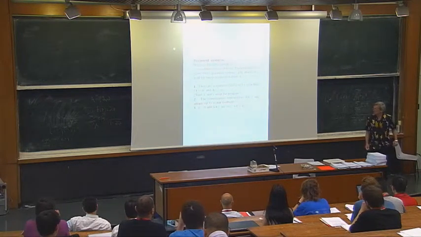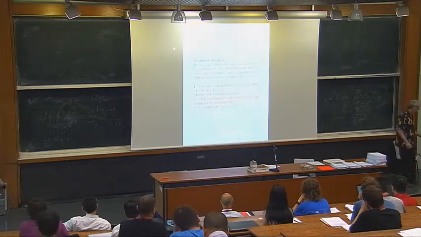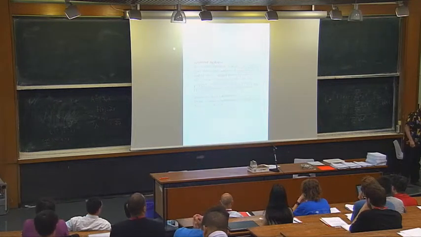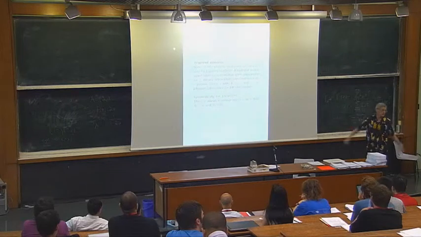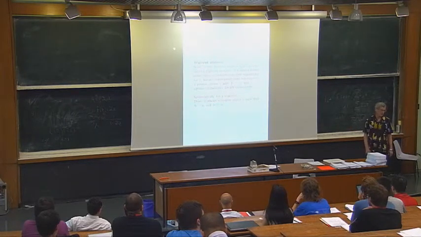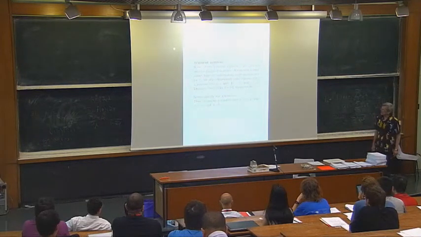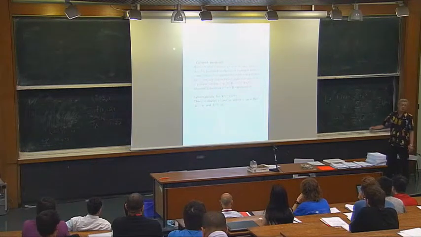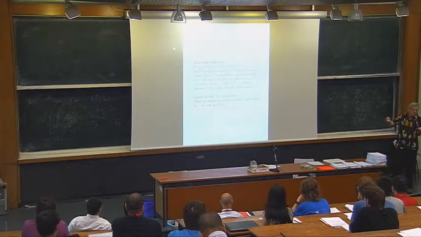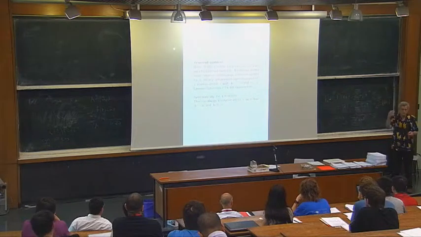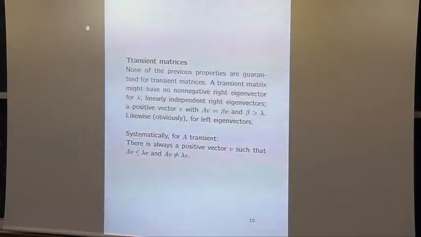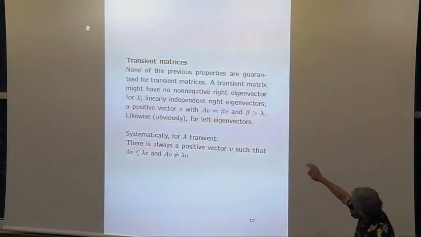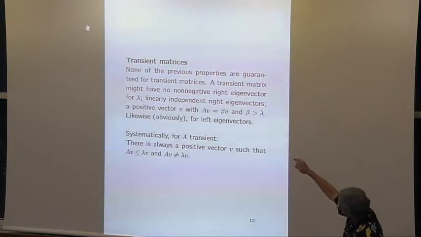All right. Now, what about transient matrices? Well, none of those properties are guaranteed for transient matrices. Oh, by the way, it will often be the case that I make a statement about a right eigenvector or a left eigenvector, and it'll be pretty obvious that I could have done it the other way. Anyway, that's the case here.